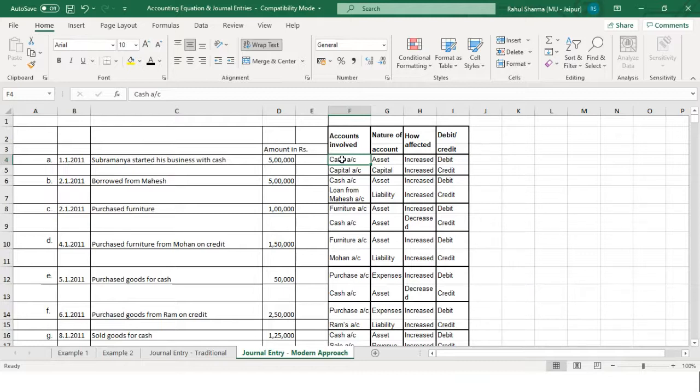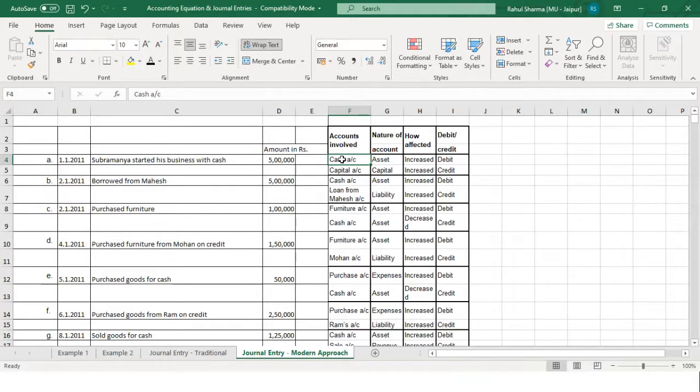Loan from Mahesh is a liability, and if a liability increases, I'm supposed to credit it. Cash, asset, increases, debit. Loan from Mahesh, liability, increasing, credit, because we need to repay. Although the cash is increasing, the loan is also increasing. Similarly, in the first transaction, cash was increasing, but the capital was also increasing.